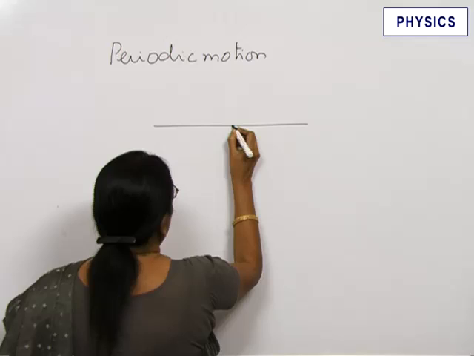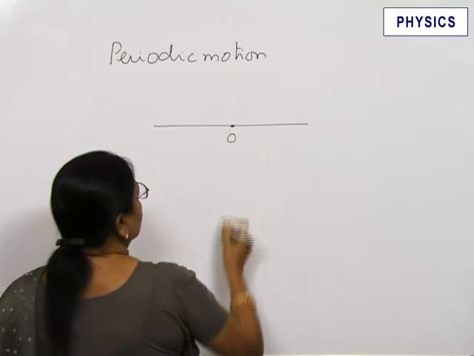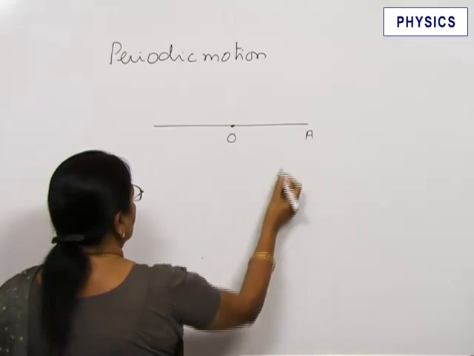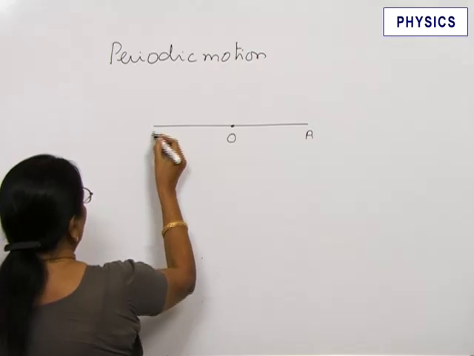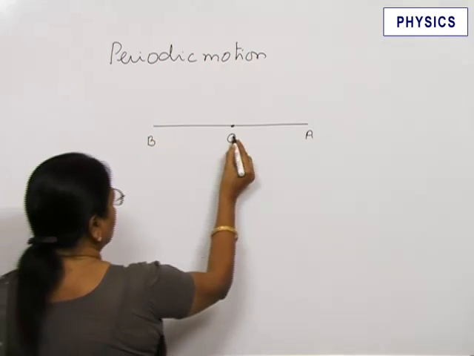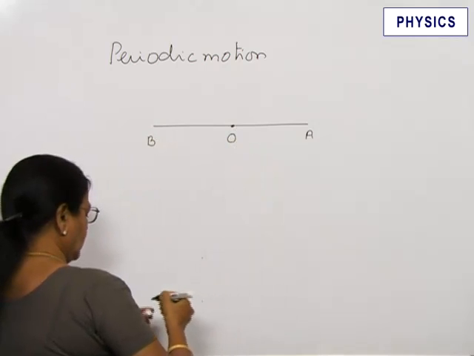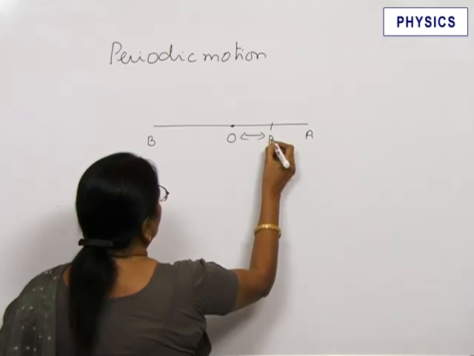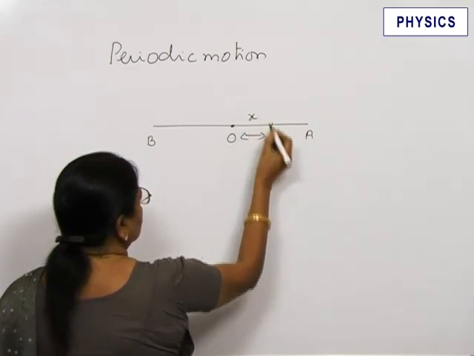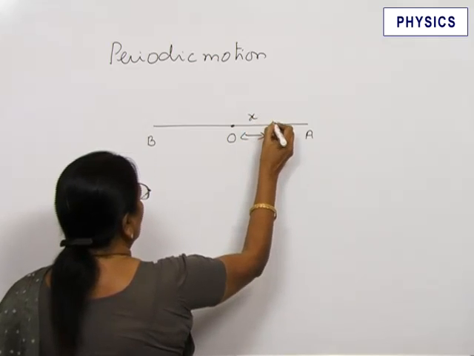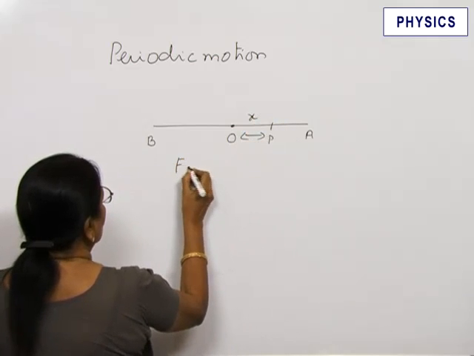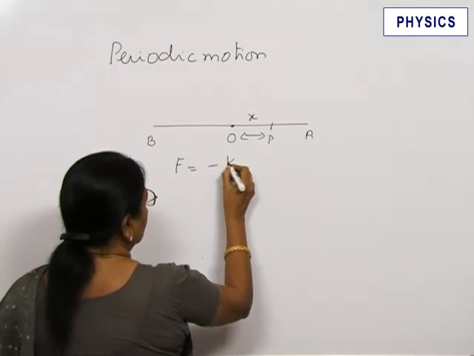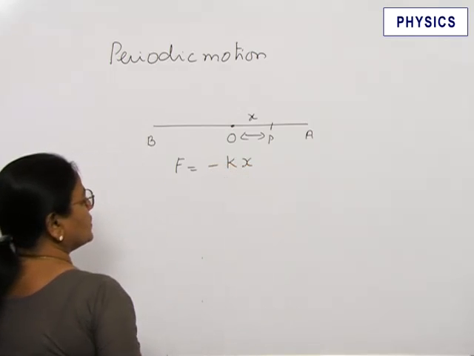Now, if a particle starts from the mean position, goes to one extreme, say A on this side, then comes back, goes to the opposite extreme B, and then goes back again to the mean position, such that if x is the displacement, the instantaneous position, let us take as P, at this position P, it always experiences a force in the opposite direction, proportional to the displacement.